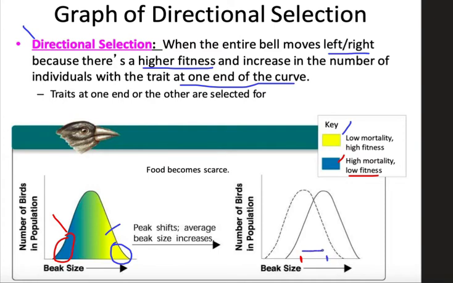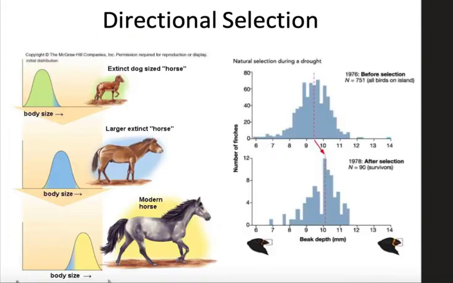And so over time, the average beak size of that population is going to shift from the red average to the blue average. And so that population, after this event of selection, will have a larger average beak size than it had previously. That's called directional selection.